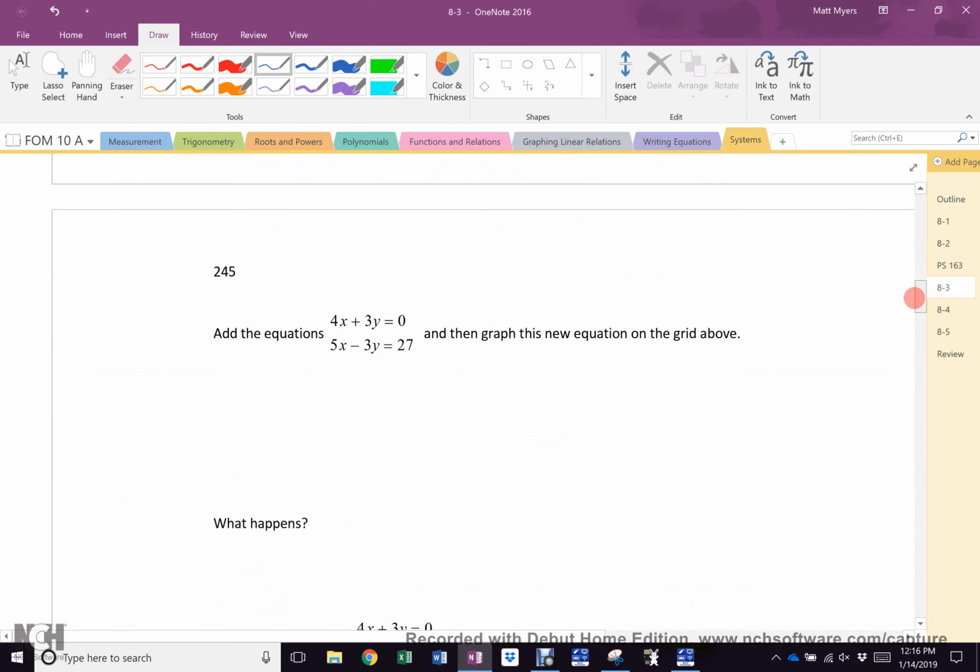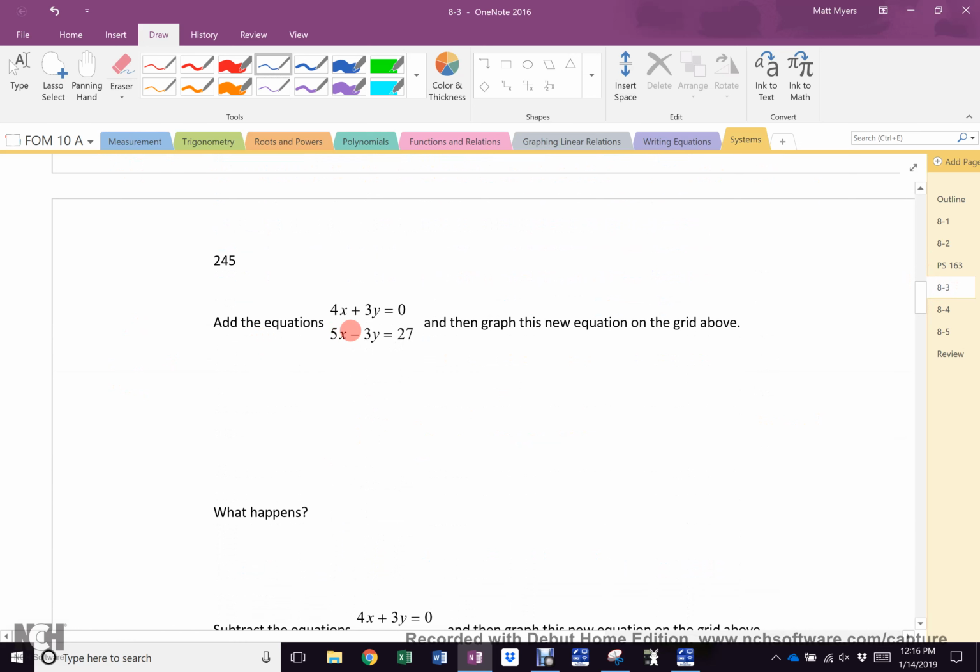Turn the page over. Add those equations. So I'm going to add, and add. What is 4x's plus 5x's? 9x's. What is 3 plus negative 3? 0 y's. So do I need to write it? No. What is 0 plus 27? 27.